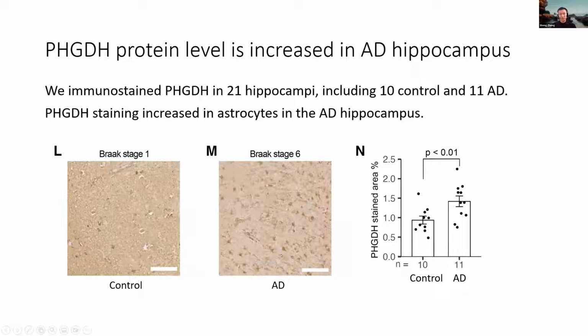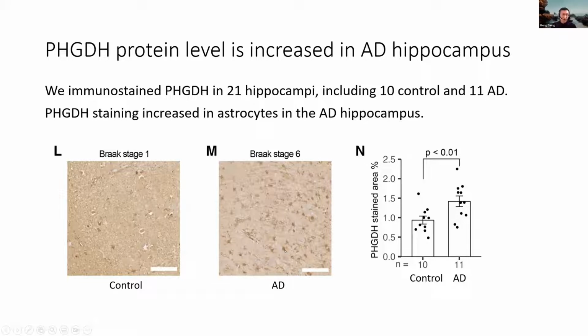On the right, you see immunostaining of this protein in the AD brain in hippocampus. You see this staining of the protein that appears to be obvious as compared to the staining of the PHGDH protein in the control brain that doesn't seem to stain as clearly.